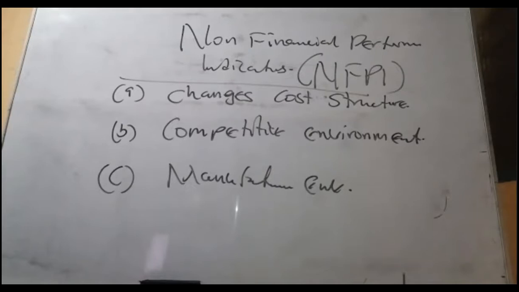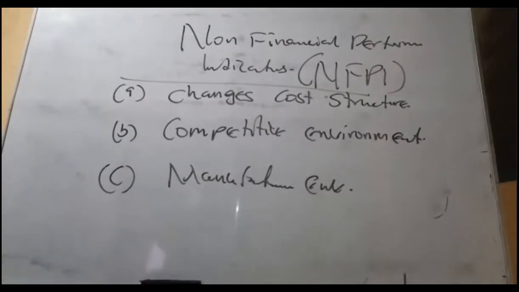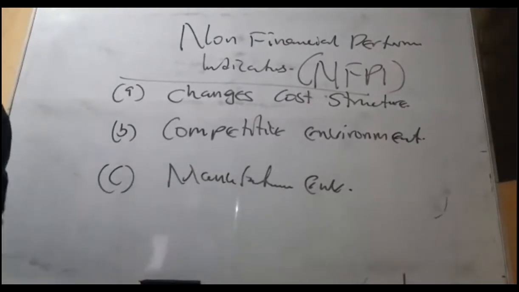Other examples include product quality, number of employees, and customer satisfaction. All these bring the financial section. That's money. Good. We can also talk about good working conditions, employee motivation, good public image.